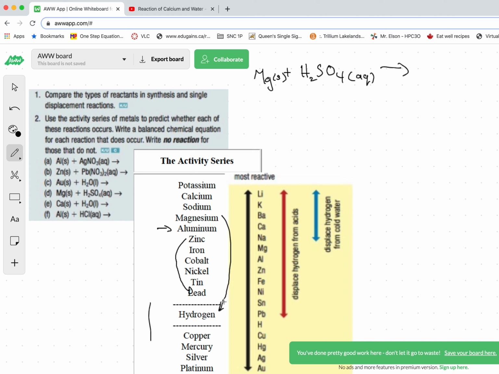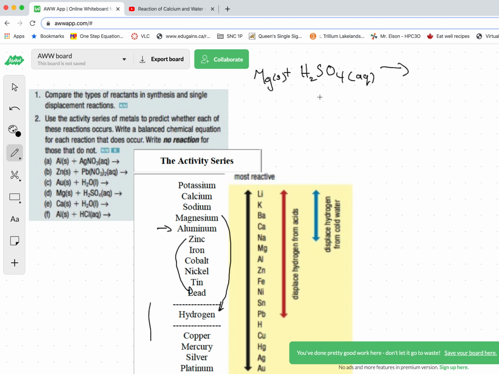Hydrogen is a special case and included here because it really depends on the activity series as to whether or not the metal will displace hydrogen in an acid form. So from lithium to lead, they do displace hydrogen from acids, and then from lithium to sodium, they displace hydrogen from just cold water, and we're going to go through an example with calcium in the next question.